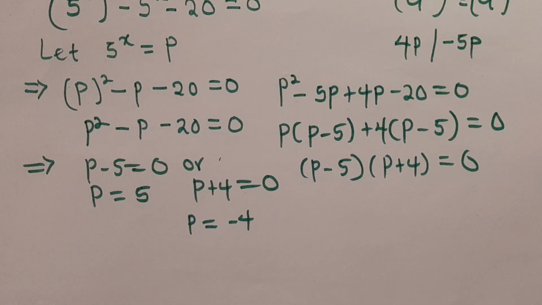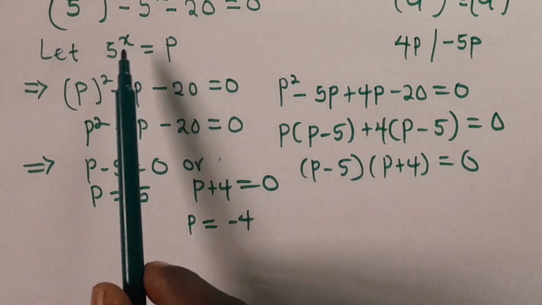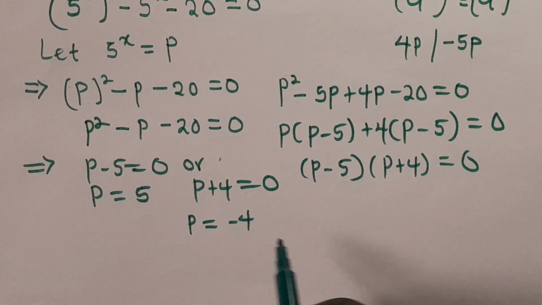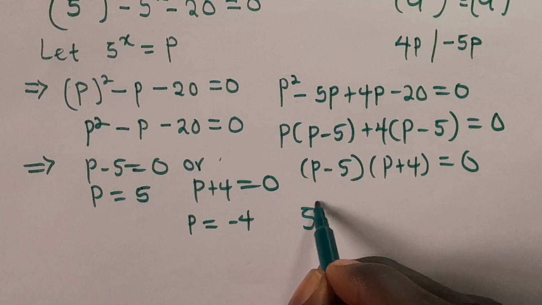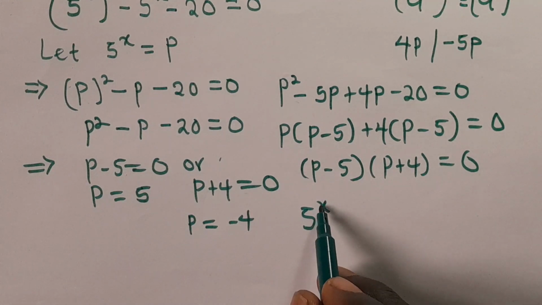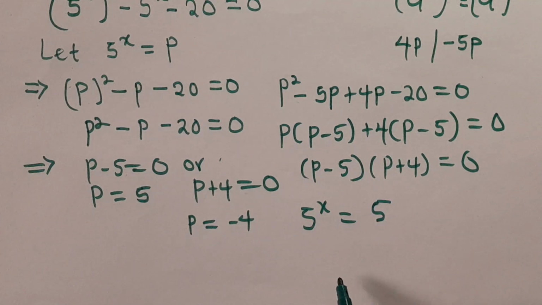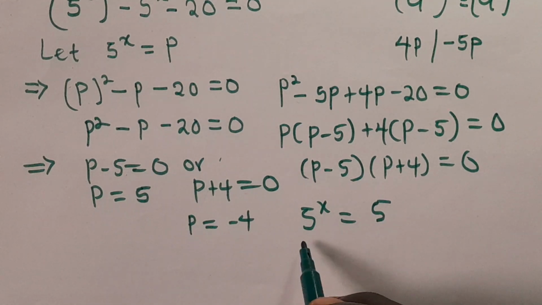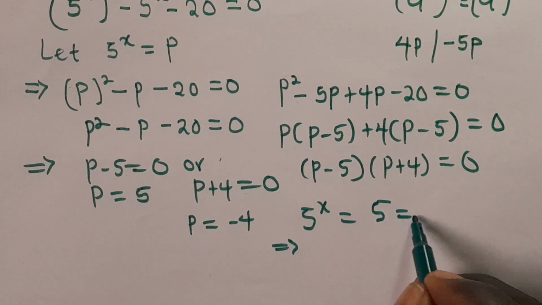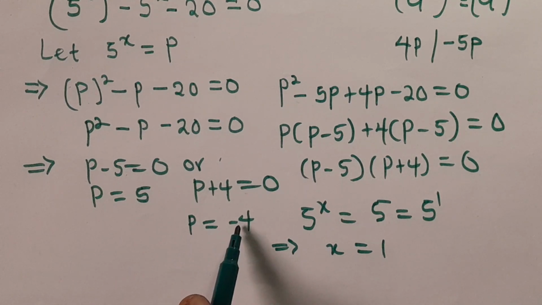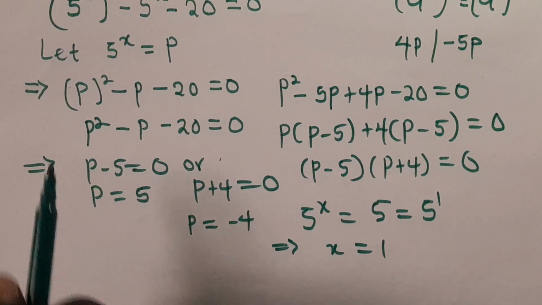Now note that our p equals 5 raised to x. So when p equals 5, then 5 raised to x equals 5, and this one can also be written as 5 raised to 1, so it implies that x equals 1. But when p equals minus 4, it cannot satisfy this equation.